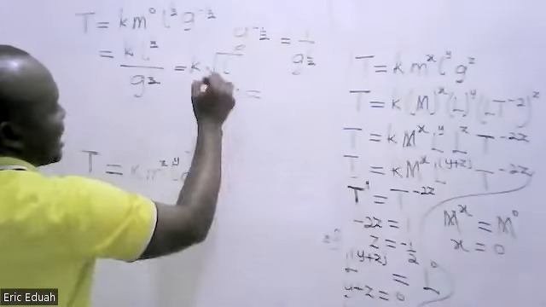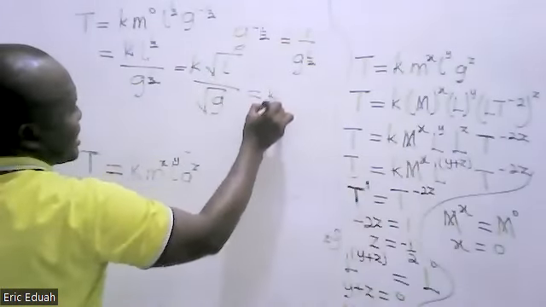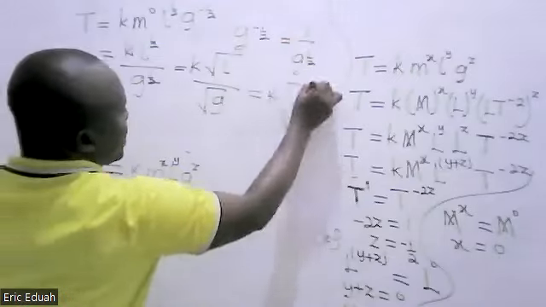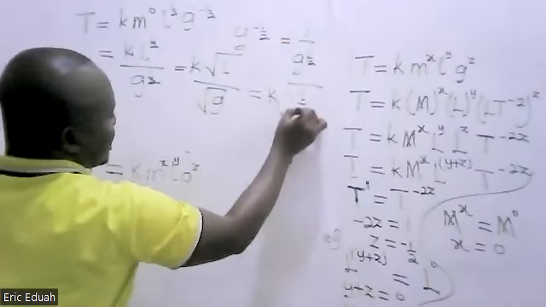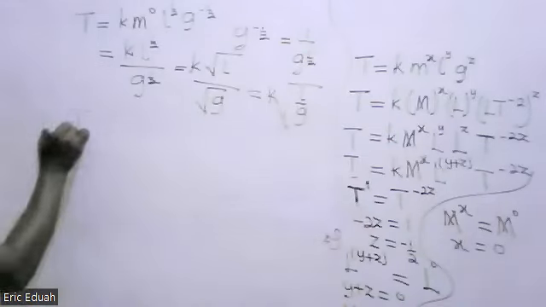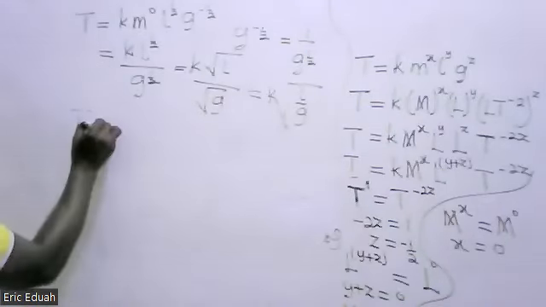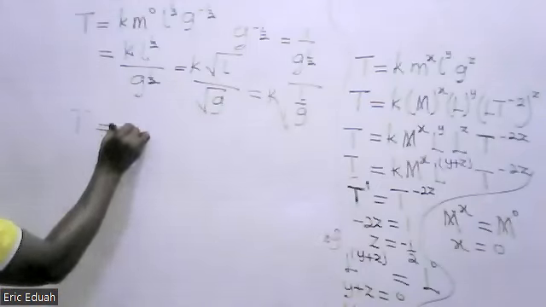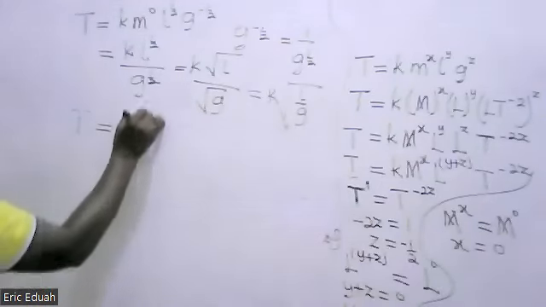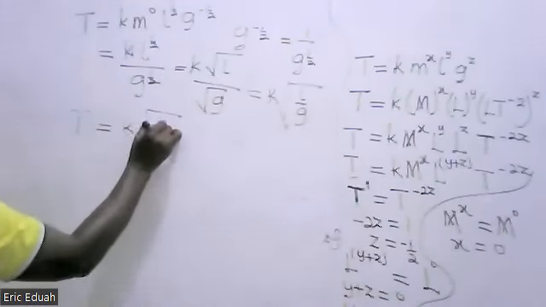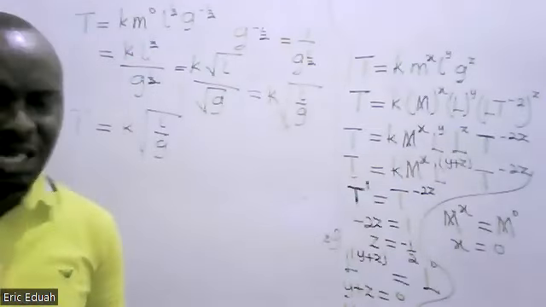So finally we can express the whole value as k times the square root of L over g. Therefore, the period of oscillation, capital T, is equal to the constant of proportionality times the square root of L over g, which is the equation between the quantities T, L, and g.